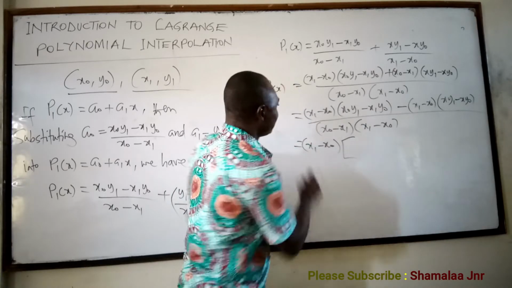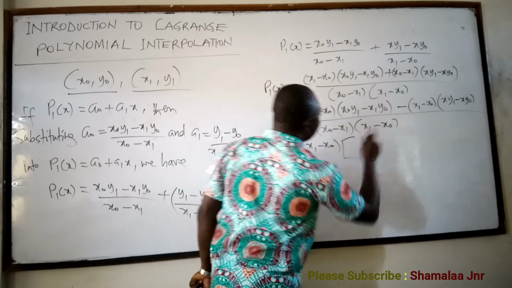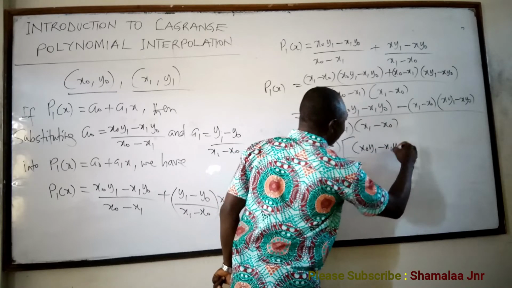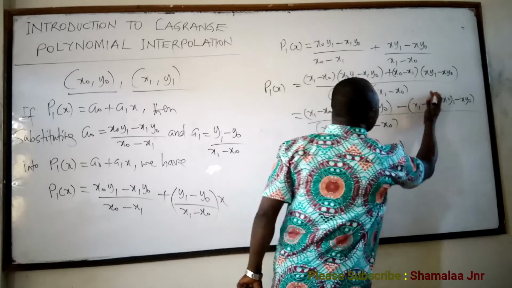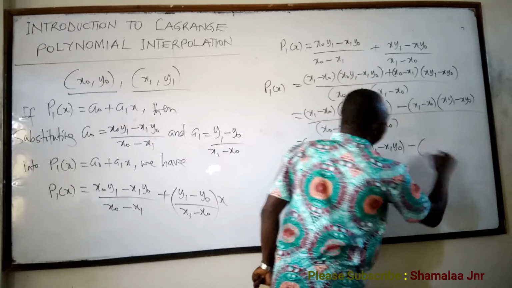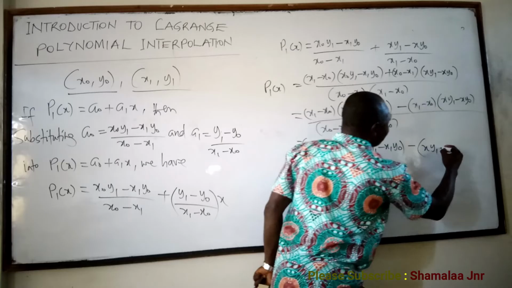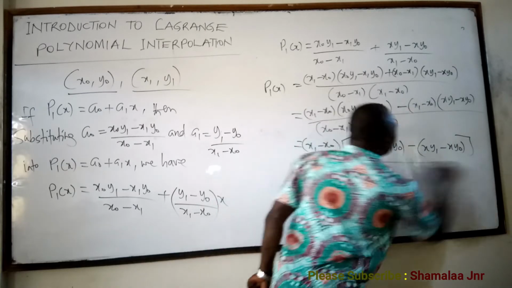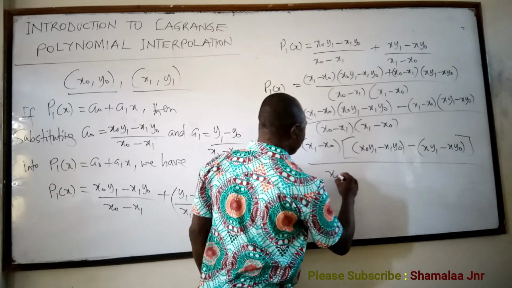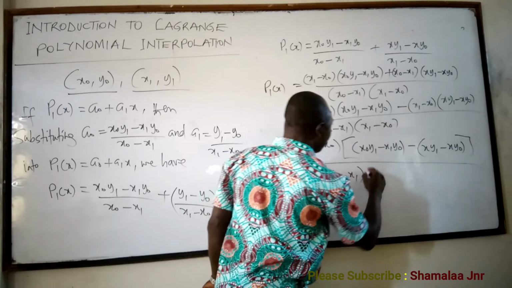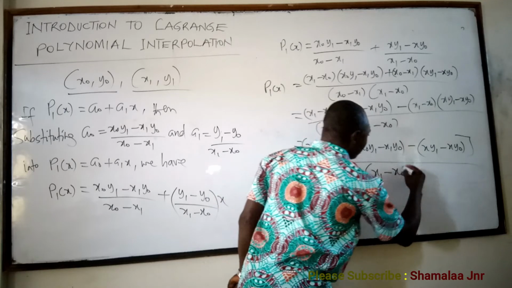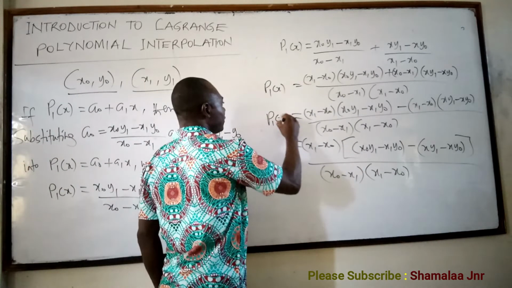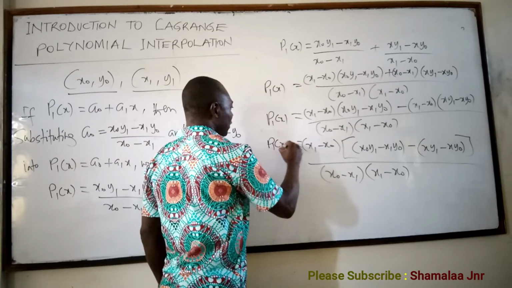When you do that, then you are going to be left with s naught y1 minus s1 y naught, isn't it? This one has been brought out. Minus x y1 minus x y naught all over s naught minus s1 times s1 minus s naught. Isn't it? Now, the whole of this is p1 of x.